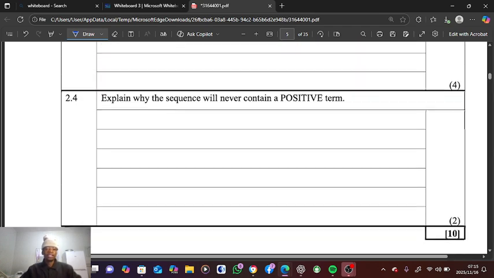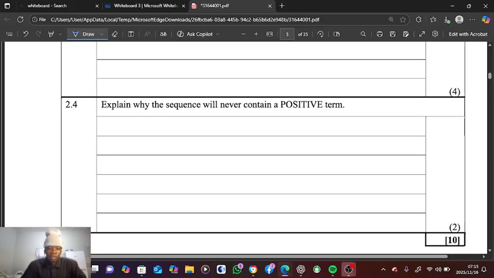They say explain why the sequence will never contain a positive term. So firstly, we're going to check what our turning points are.